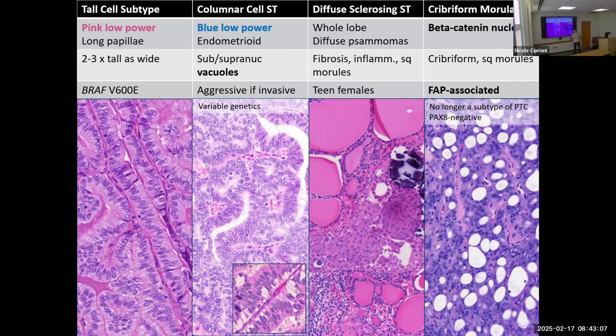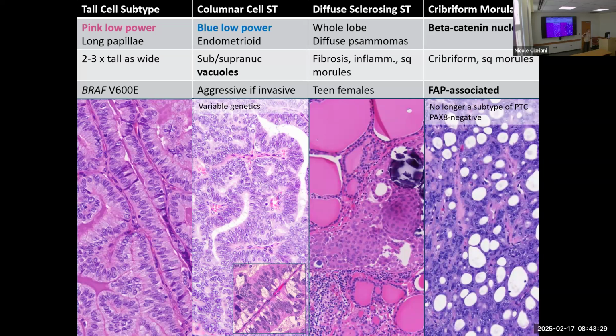Columnar cell, completely different. On low power, looks very blue. Looks like you're almost looking at endometrial carcinoma. It's so blue. That is because it doesn't have that pink cytoplasm. It actually has these very elongated blue nuclei, sometimes with sub or supranuclear cytoplasmic vacuoles.